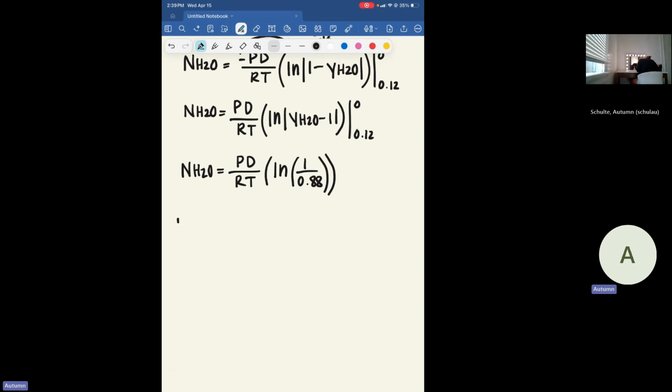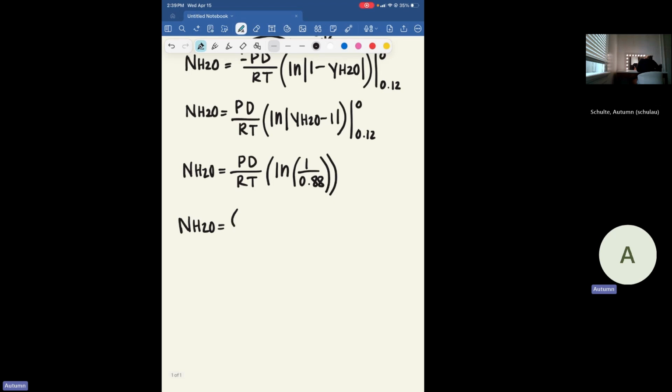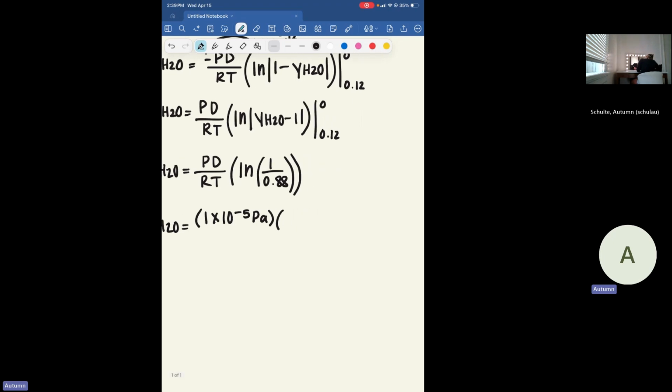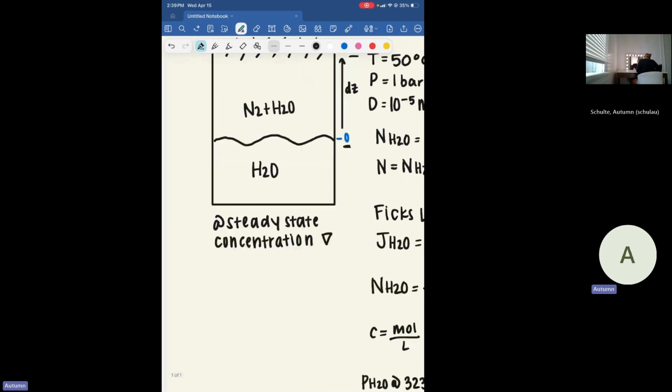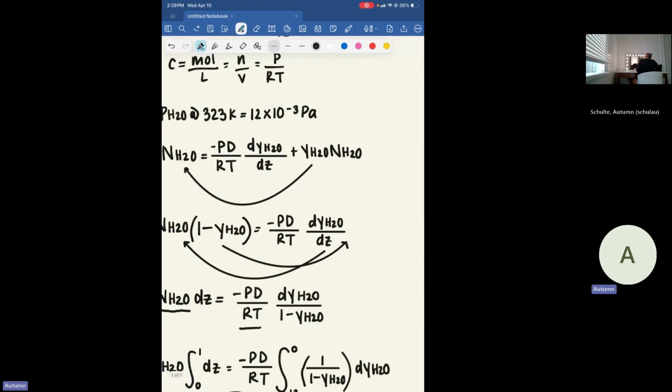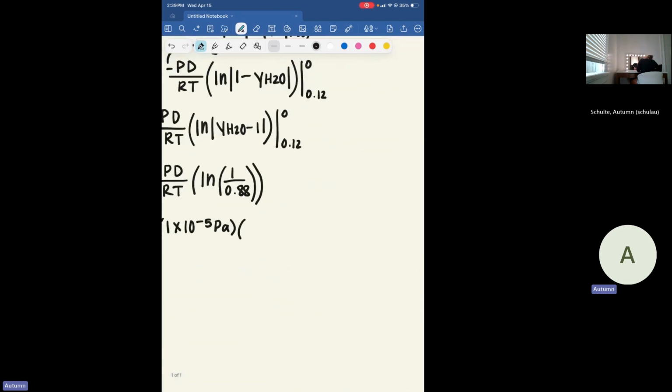So the molar flux of our water, which is, of course, what we're solving for, is equal to our pressure, which is of the system, so 1 times 10 to the negative fifth Pascals, multiplied by our diffusion coefficient, which we said was 10 to the negative fifth meters squared per second.